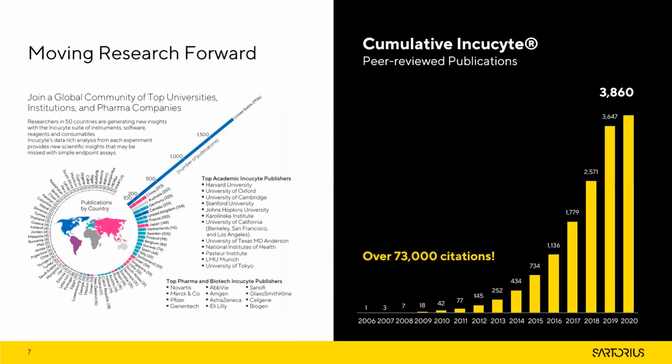But before we get to those details, we want to acknowledge the Incucyte community. This is a global community in 50 countries that's published almost 4,000 peer-reviewed publications. And these publications have been cited over 73,000 times. And every one of these publications is utilizing live cell analysis.